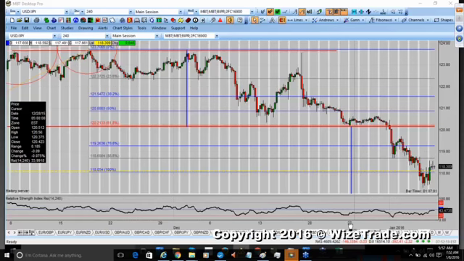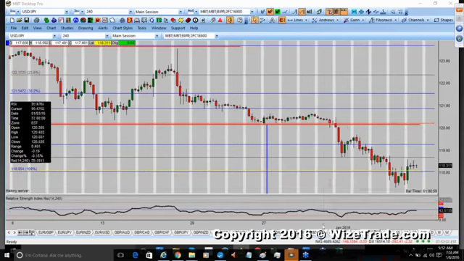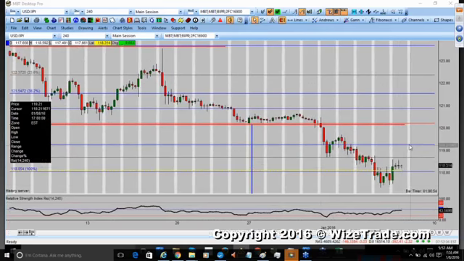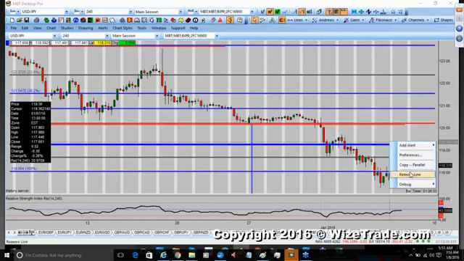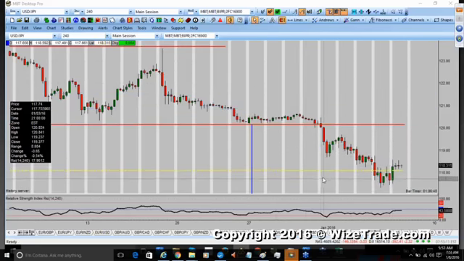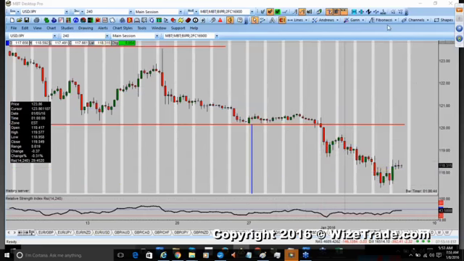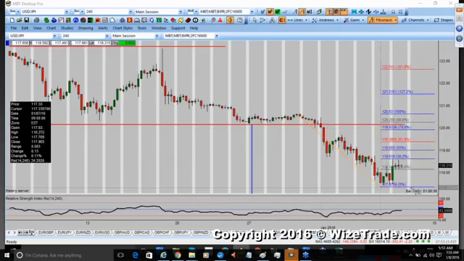But the market's not straightforward and it's not easy. So what I'd like to see is a rally into some sort of resistance to sell into. Let me get rid of this fib level to avoid some confusion, and let me get rid of that 118 support. Let's take this high to the low.